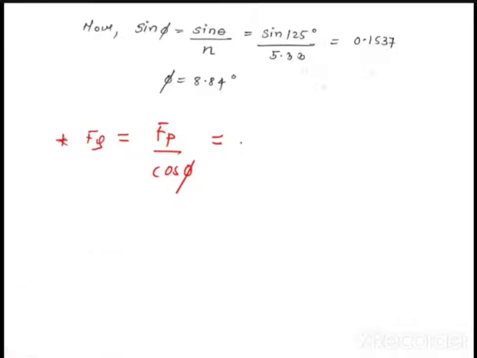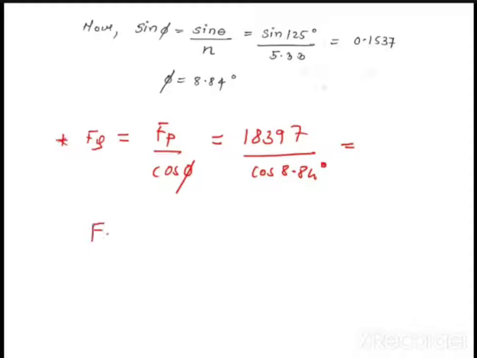I don't have the calculated values with me, so remember: Fp we have calculated as 18397. And cos phi means cos 8.84 degrees. So calculate, and you will get some value of Fq.